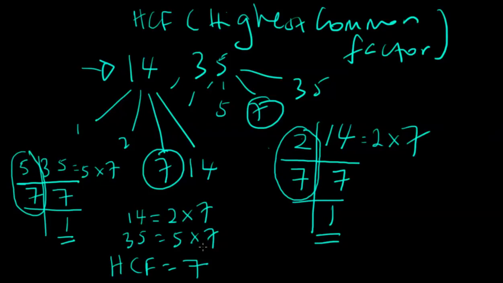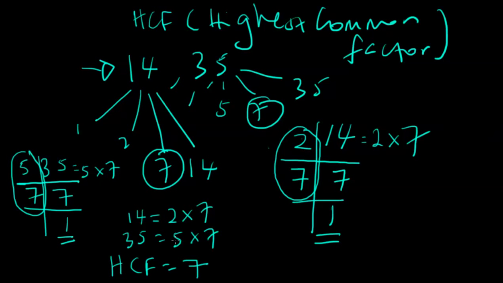Okay, so let me elaborate on this again. The first step is to express 14 and 35 in prime factors form. Write it down here. Once you have written it down, the HCF is the lower of the powers. So in this case you do not put a 2 because there's no 2 in 35, right?